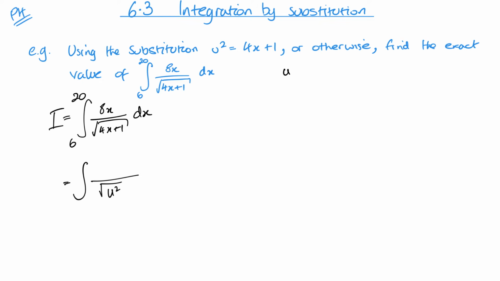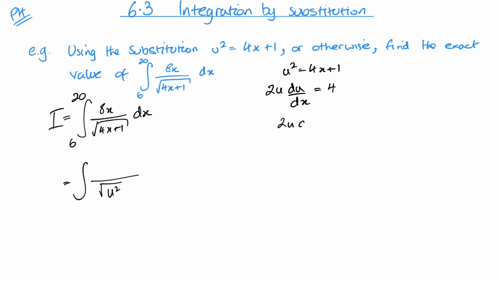So I've got u squared equals 4x plus 1, and what I want to do is differentiate this. Differentiating with respect to x, I get 2u du by dx on the left, and then 4 on the right.